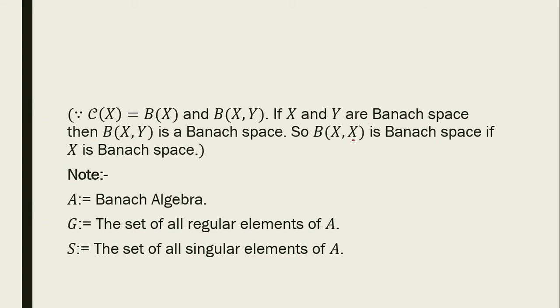So B of X, X is a Banach space if X is a Banach space. Now, A is a Banach algebra. G is defined as the set of all regular elements of A, and S is defined as the set of all singular elements of A, or non-regular elements of A.